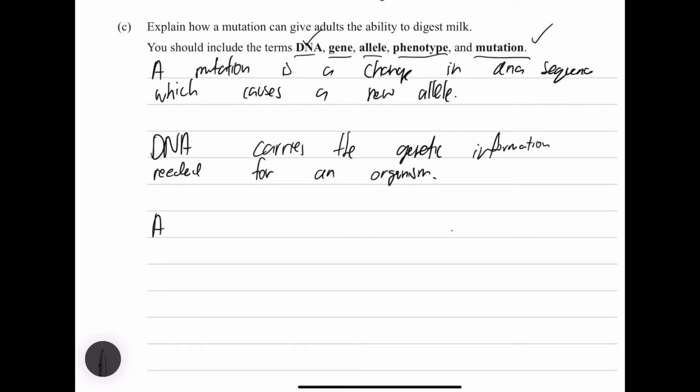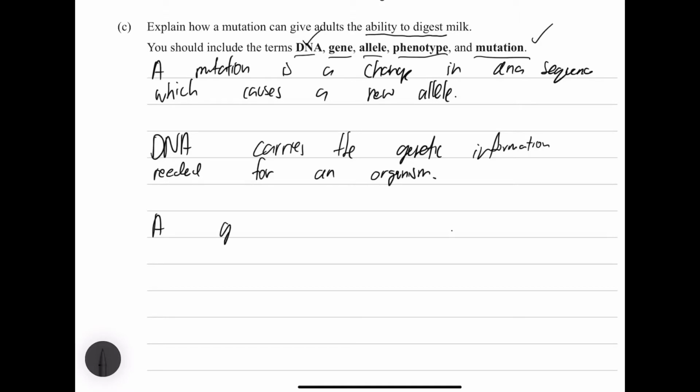Gene. So a gene is a section of DNA or a specific sequence of DNA that codes for a specific trait or like a phenotype. In this case, it is the ability to digest milk. So the DNA sequence, which has been mutated, causes the gene to code for the ability to digest milk, if that makes sense.